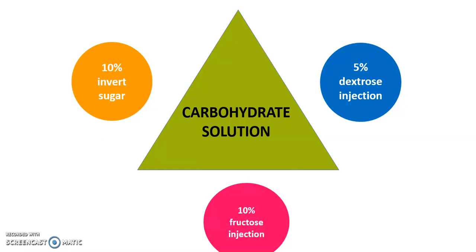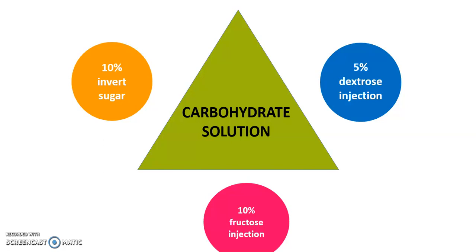Next is the 10% dextrose, 10% fructose injection. It consists of fructose, which is a better glycogen former than dextrose and has better metabolism than glucose under stress conditions. The pH is 3.8, osmolarity 555, you get 400 calories, and there is no need to add an antioxidant.